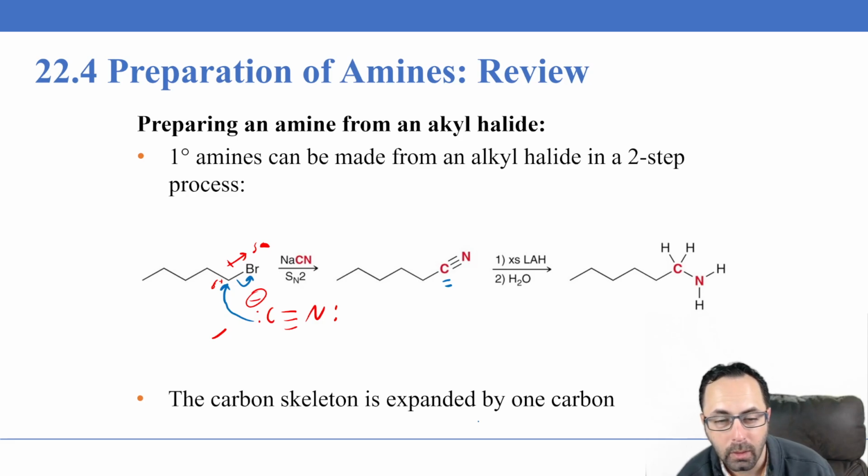So remember when thinking about synthesis and reactions, it's always important to count your carbons. So here we do get one extra carbon by attaching the cyano group, but then we can reduce the cyano group using one of our standard reducing agents, lithium aluminum hydride, followed up with water, and that will produce for us the amine.